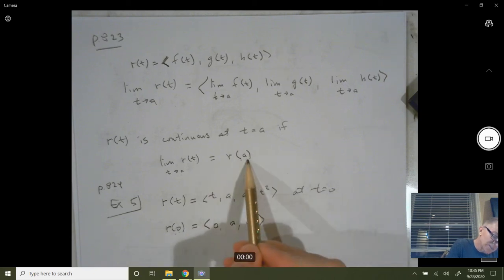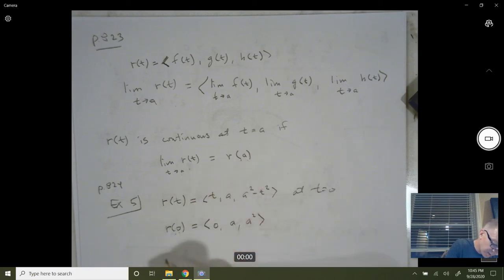Okay, now let's find the limit, because we need to know that R at that value is equal to the limit as t approaches that value. So it's the limit as t approaches 0 of our function t, a, a squared minus t squared. So you're taking the limit as t approaches 0 of each of these things. And the limit here is going to just be 0. The limit here, t approaches 0 of a, is just a. And the limit as t approaches 0 of a squared minus t squared is a squared.